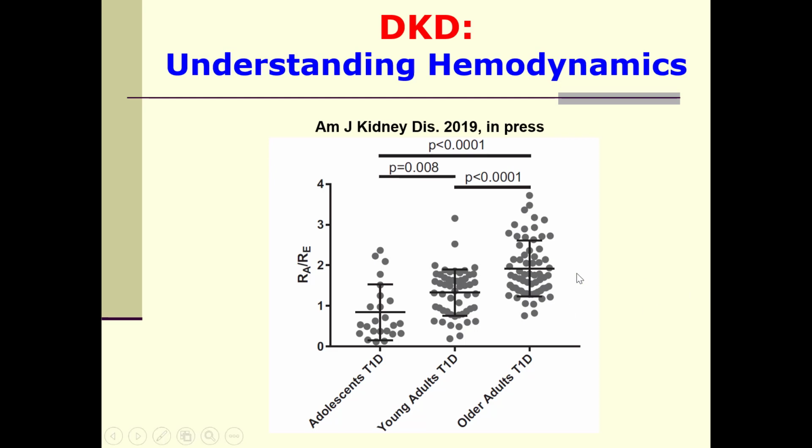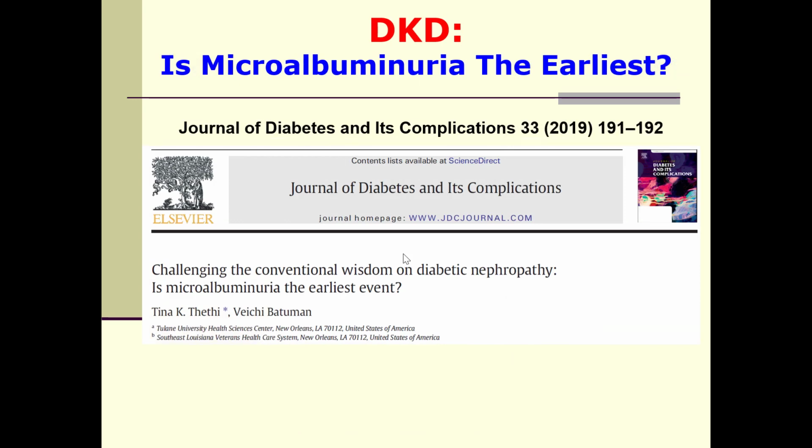But with younger age, the ratio is high, because there is increased resistance within the efferent arteriole. Efferent arteriole constriction is clear in this age group. And this may explain why using RAS blockade earlier in type 1 diabetes may have nothing to offer, because there is no increased efferent constriction in the early beginning. So even we can have lessons from advanced studies.